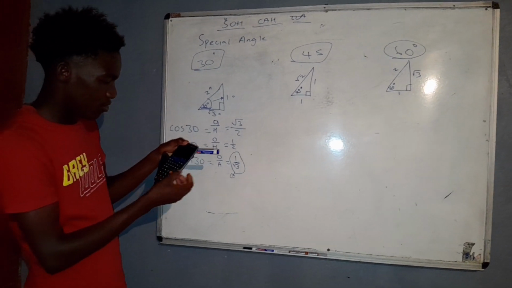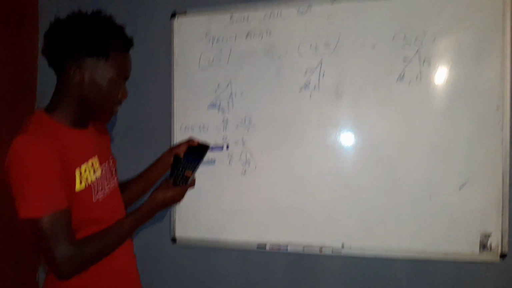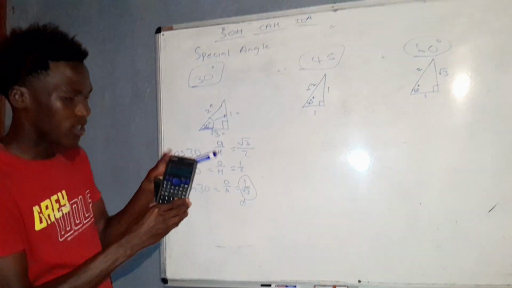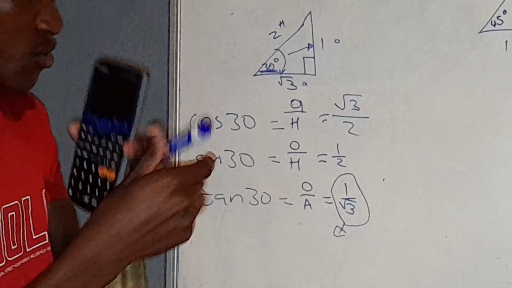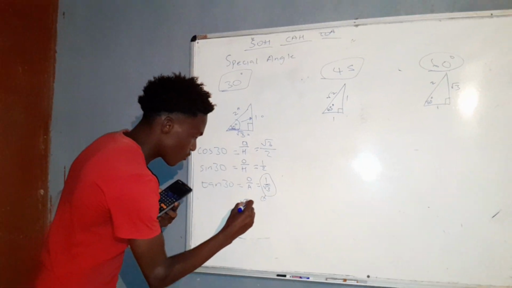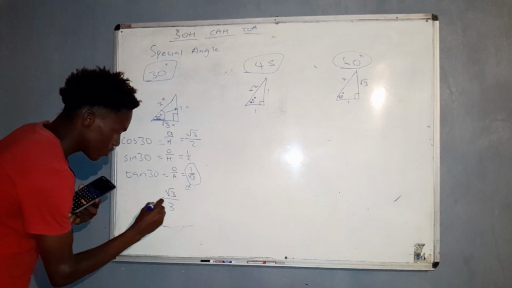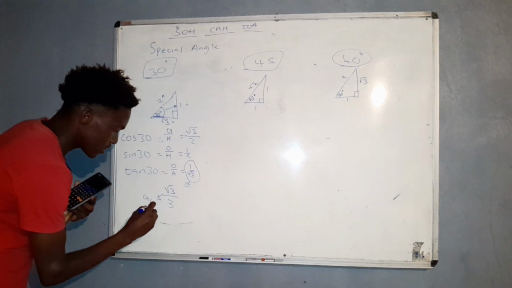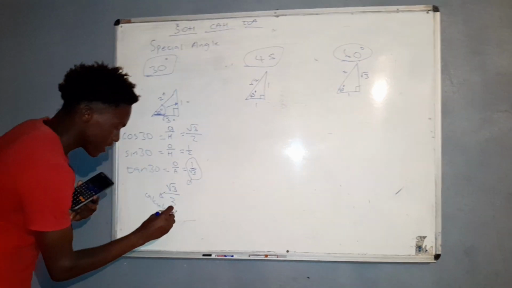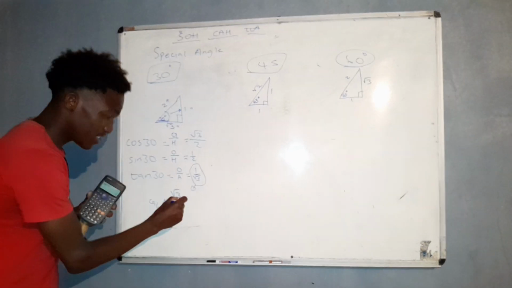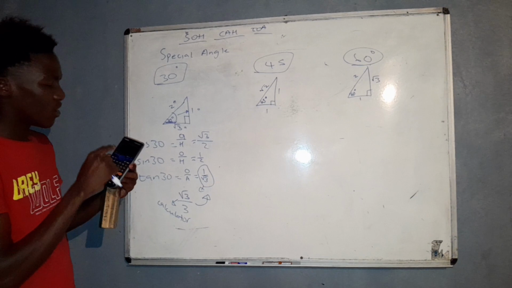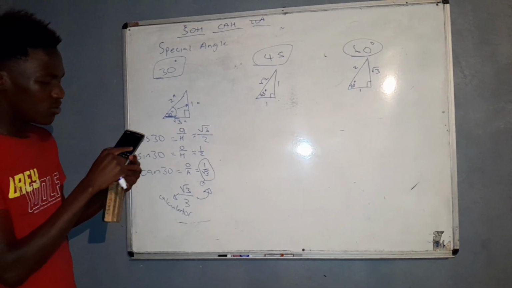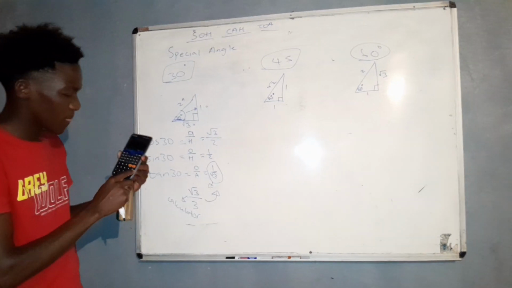If you do tan 30 on the calculator, it's going to give you root 3 over 3. So this is the same as this. It's the same, but on the calculator it gives you root 3 over 3.